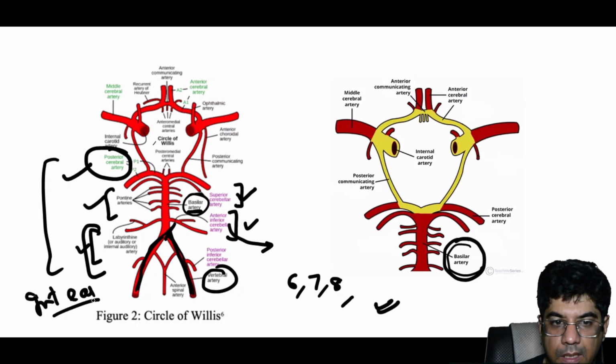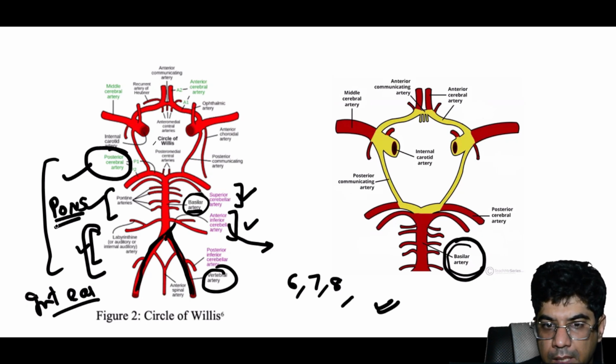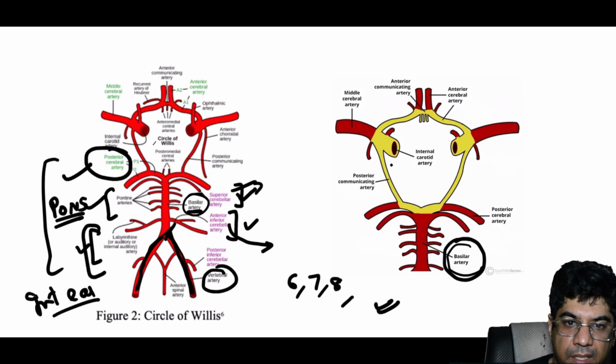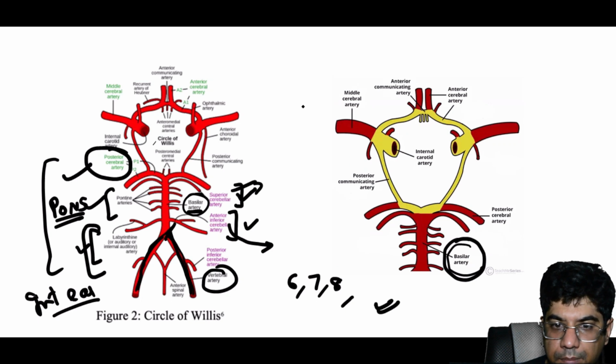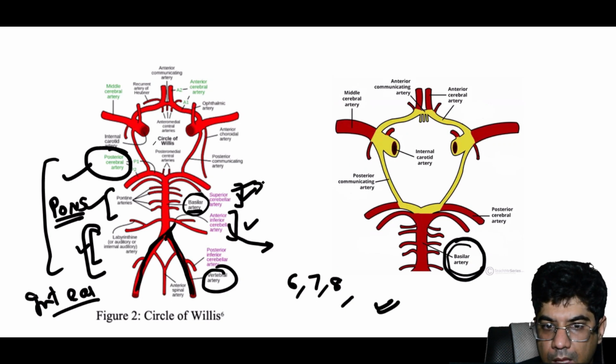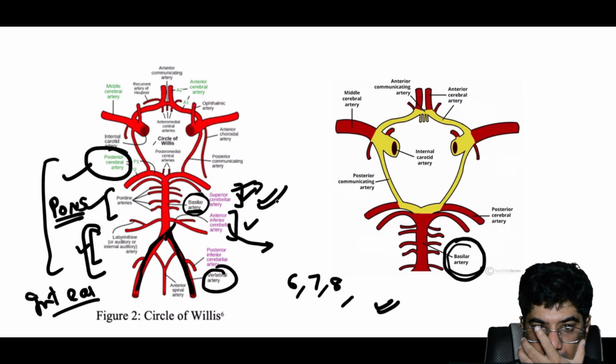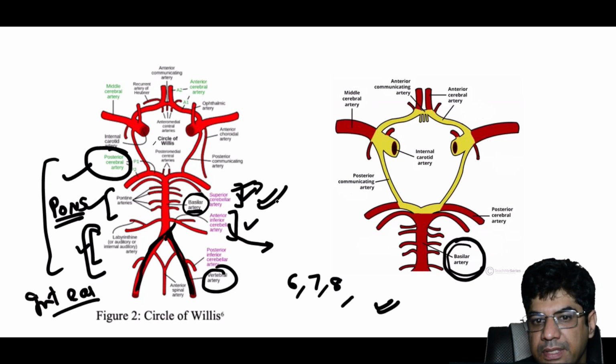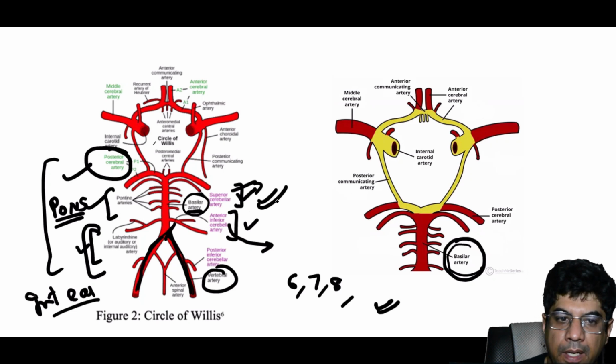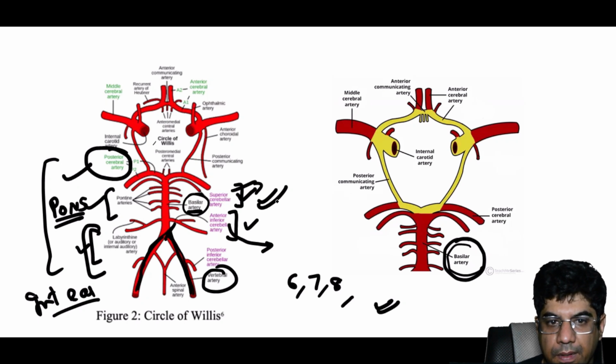The pontine branches supply the pons, and the superior cerebellar artery supplies the superior surface of the cerebellum. And finally, the two terminal posterior cerebral arteries supply the midbrain and part of the diencephalon.